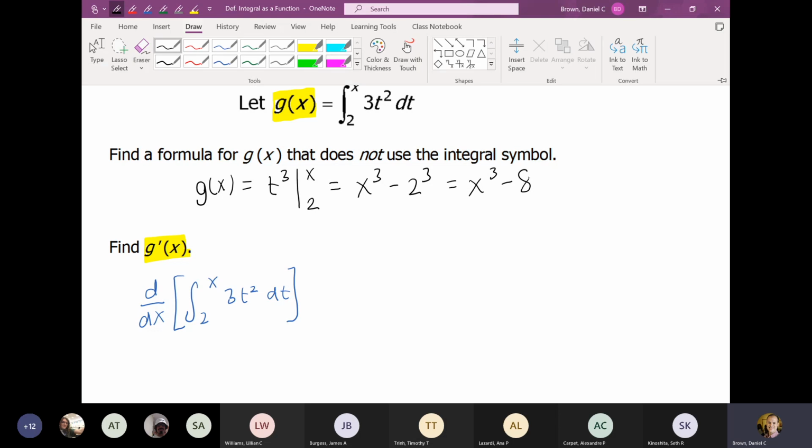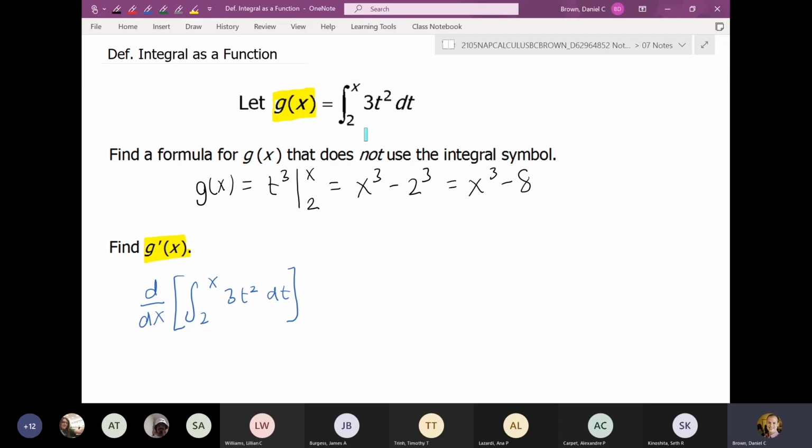So to be clear on what we have found, this integral that is an integral defined function is exactly the same thing as this function. So from that logic, the derivative of that function would equal the derivative of that integral. What's the derivative of that function? 3x squared. 8's a constant, so it would go to 0.